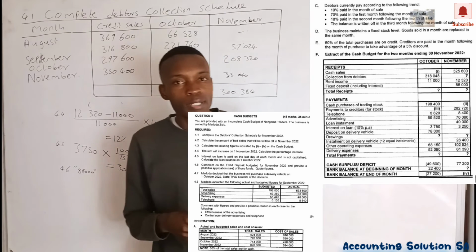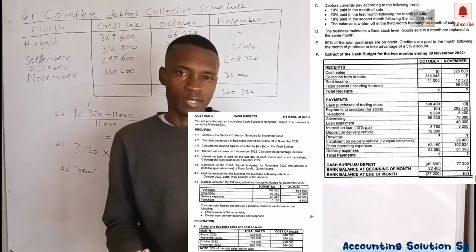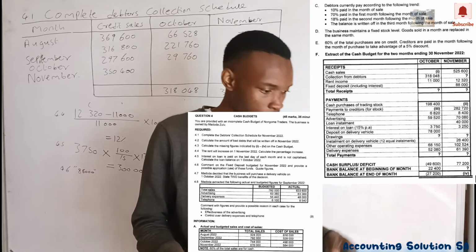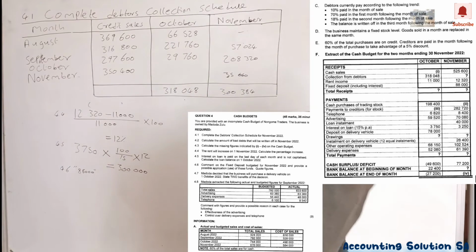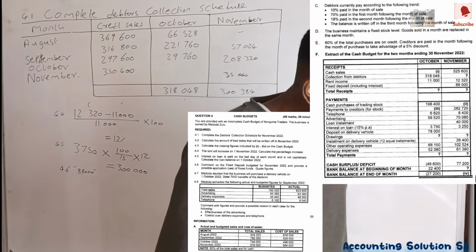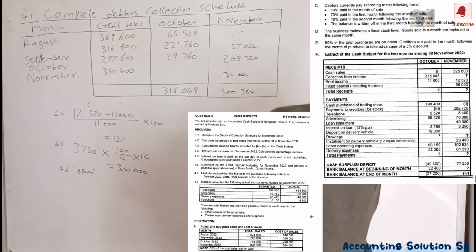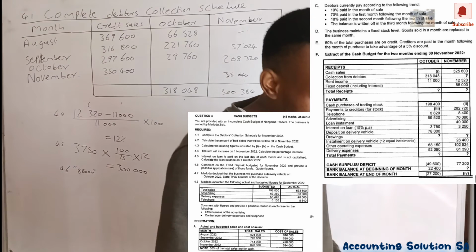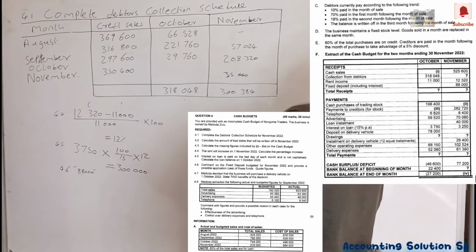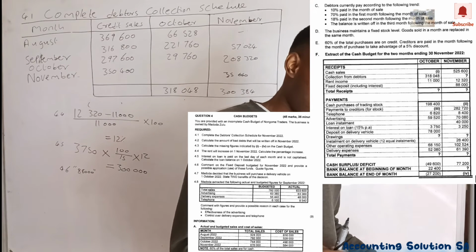So now we have to comment. Did the business benefit from this advertising? No. Why? Let's check our total sales. They budgeted 792, and the actual one was 633, which means that the actual one is less.